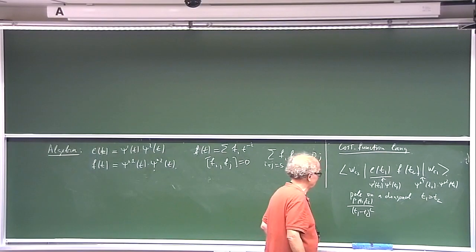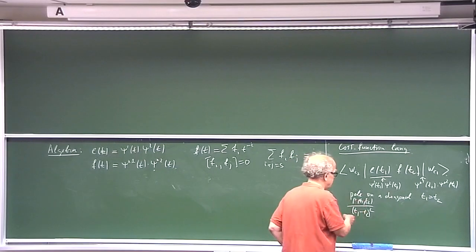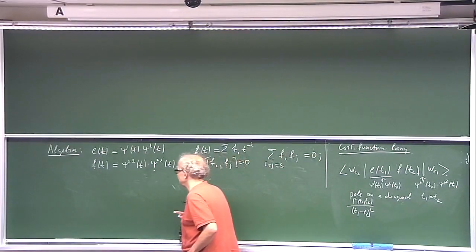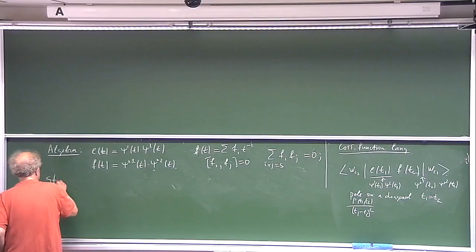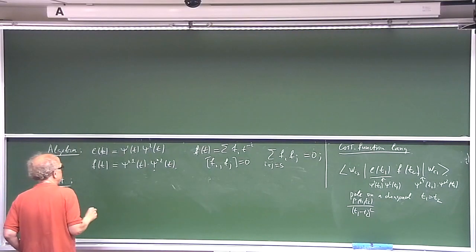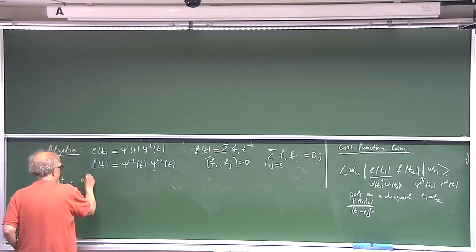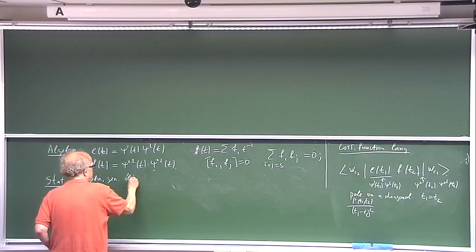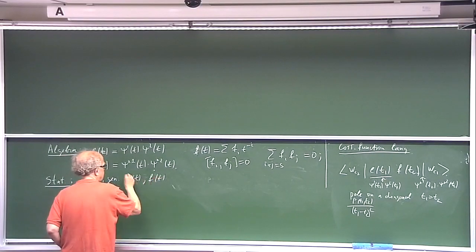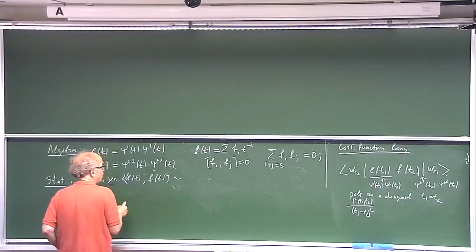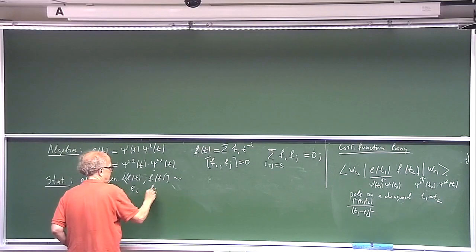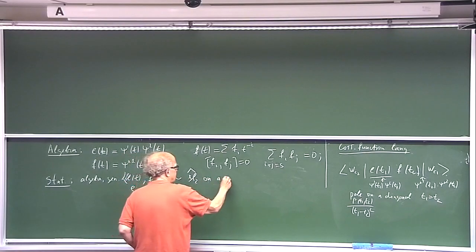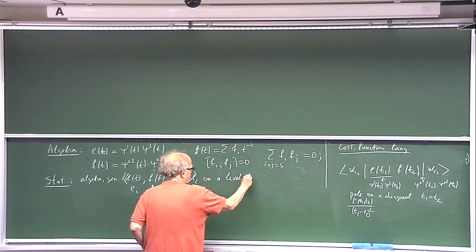This is easy to see from the fermions. But the statement is that the algebra generated by E(t) and F(t), or better to say by components E_i and F_j, is isomorphic to the algebra sl_2 hat at level 1.